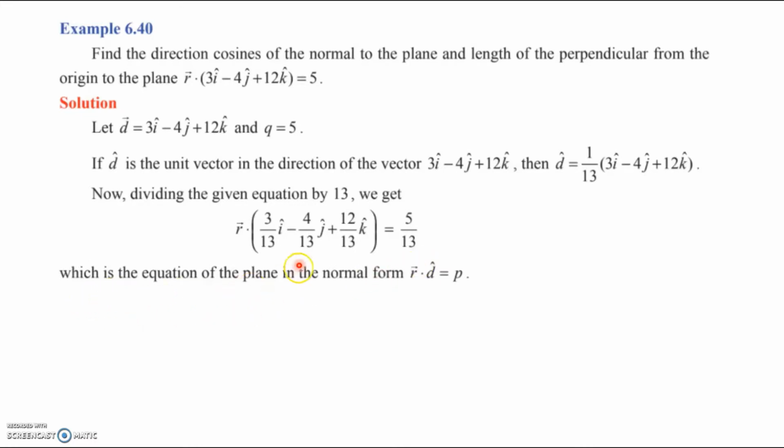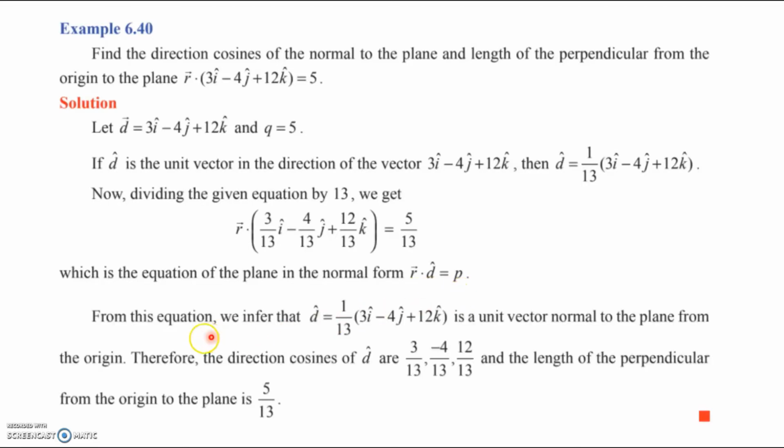Therefore, this is in the normal form of the plane equation, which is r dot product with d cap is equal to p. So from this equation, we infer that our d cap is a unit vector normal to the plane from the origin. Therefore, the direction cosines of d cap are 3 by 13, minus 4 by 13 and 12 by 13.